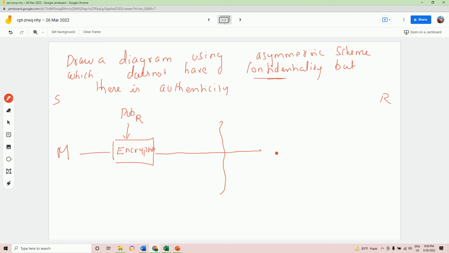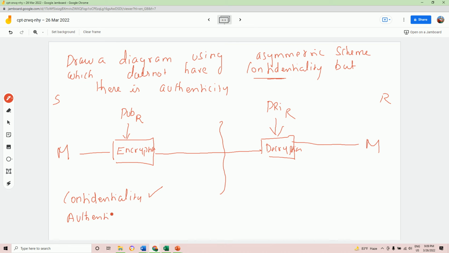Then for decryption, you should use the private key of the receiver. Then only you get the confidentiality. So in this scheme, there is confidentiality, but there is no authenticity.